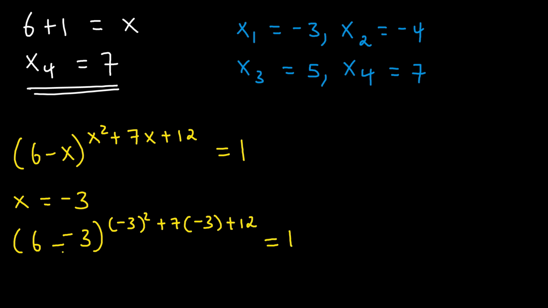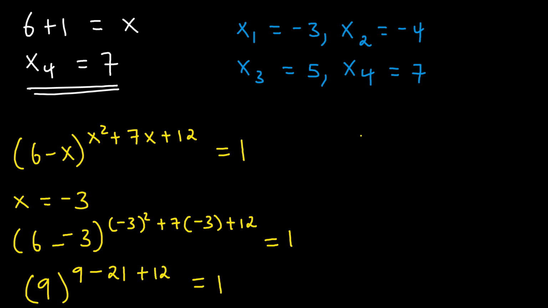Now 6 minus negative 3 will be 6 plus 3, which is 9. And this is raised to the power of negative 3 squared, which is positive 9. Now 7 times negative 3 will be negative 21, and then plus 12.